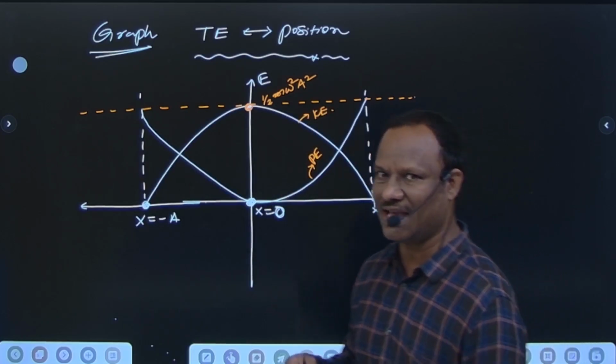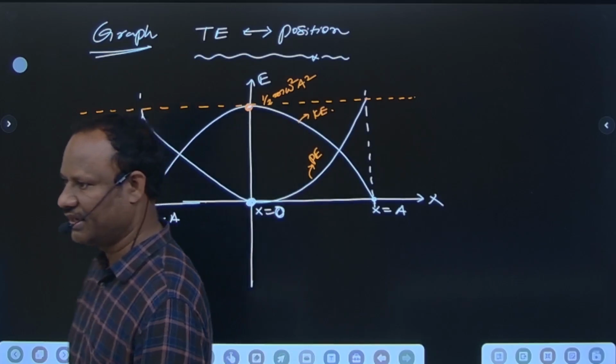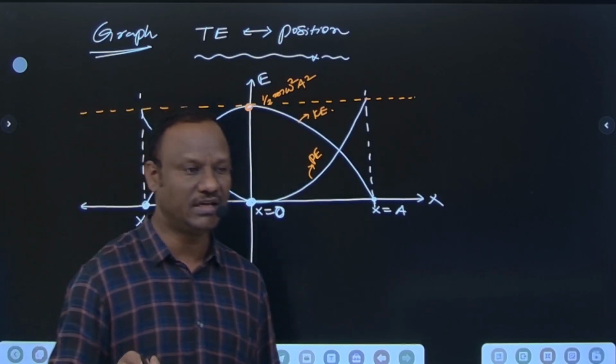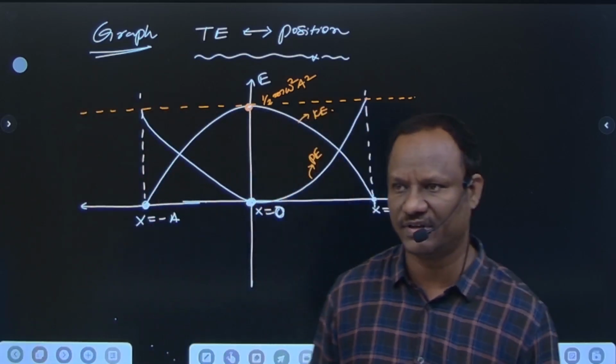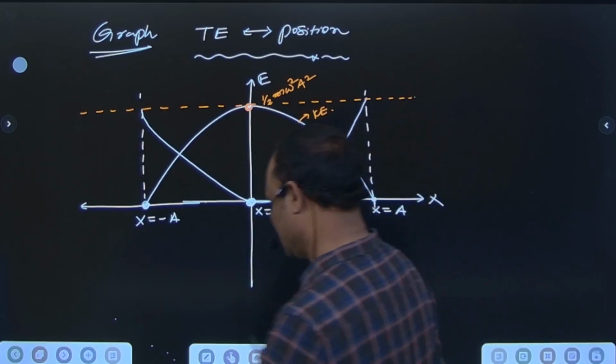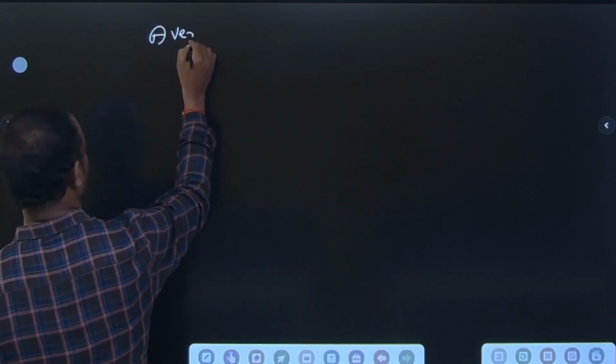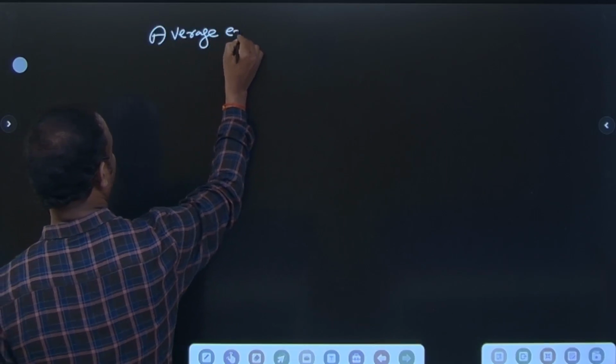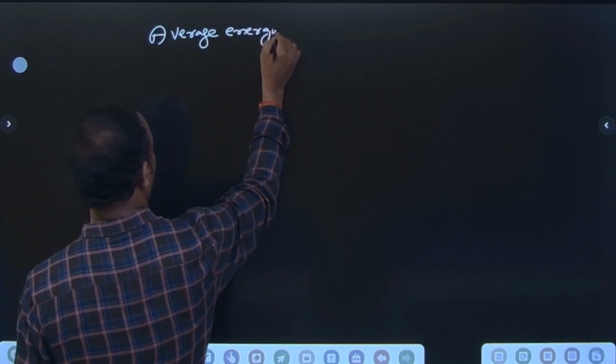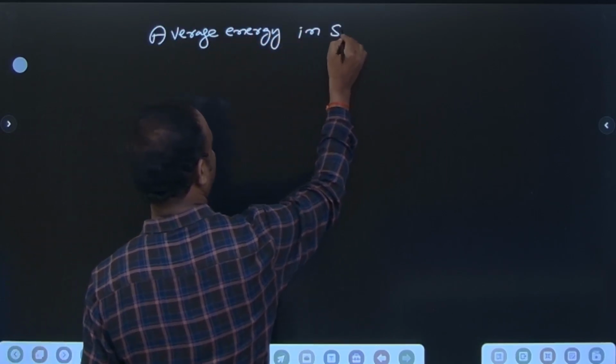And what is average energy? Average energy in SHM.